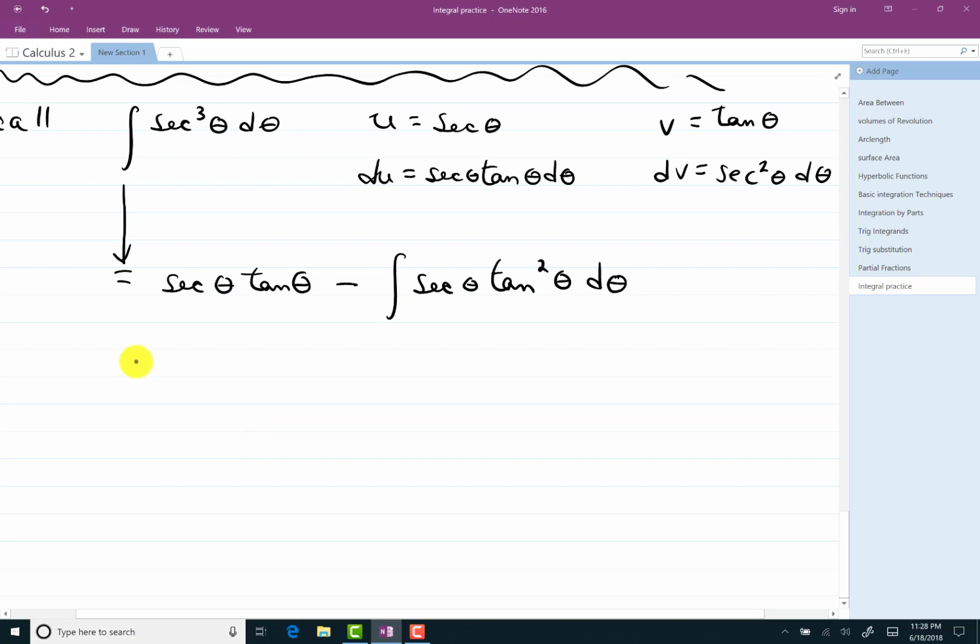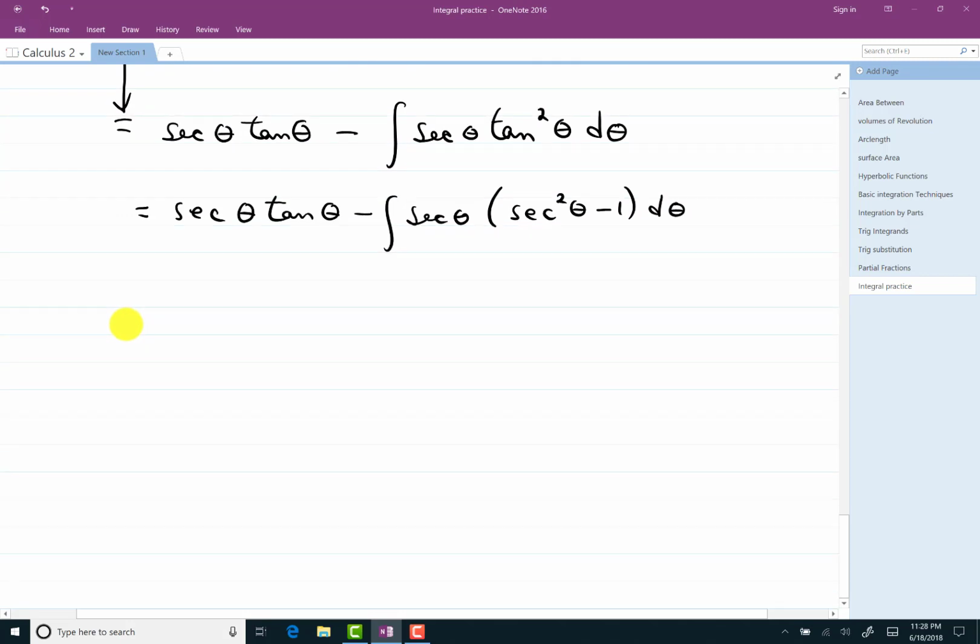Instead, what we're going to do is rewrite the tangent squared, but I'm going to use an identity. And the identity says that tangent squared of theta equals secant squared of theta minus 1. Now let me put back here.